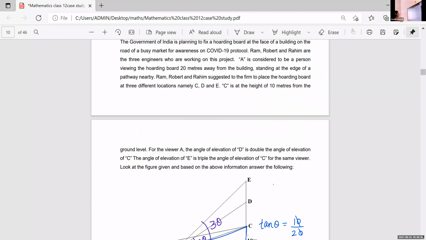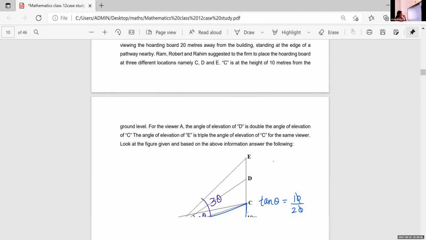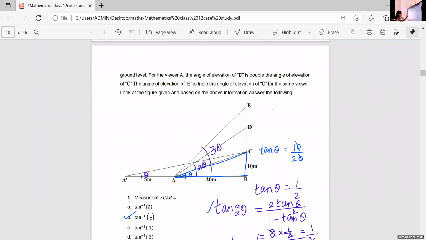A is considered to be a person 20 meters away from the building, standing at the edge of the path nearby. C, D, E are the three positions. C is at a height of 10 meters from the ground level. For the viewer A, the angle of elevation of D is double the angle of C, and for E it is triple. Now look at the figure. Based on the figure, you are answering it.